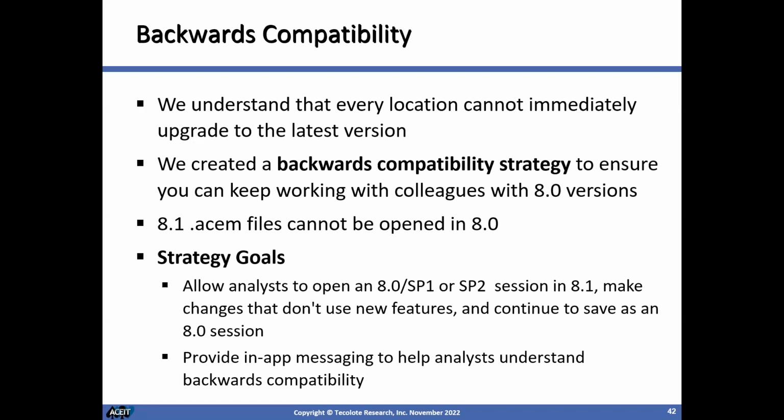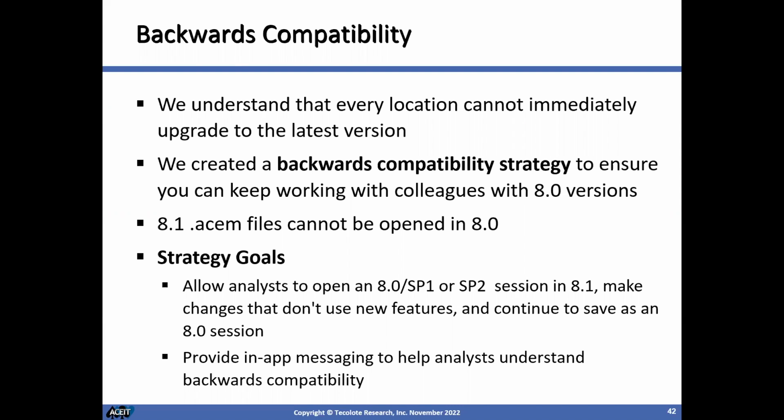The program office has updated to a new version of the software, but they're going to be sending the file to somebody who's going to review it, and their system has not been upgraded yet. We understand that's the reality of what's going on out in the field, and we felt we needed to do more to help people in those situations.